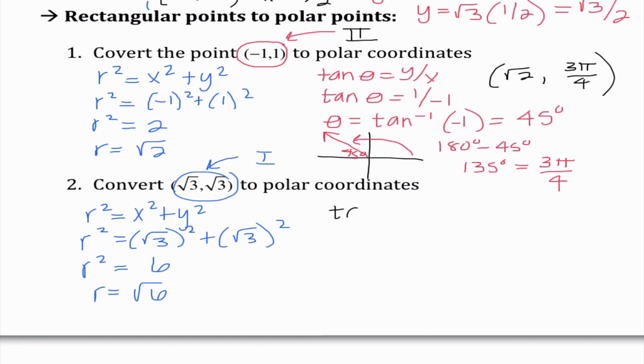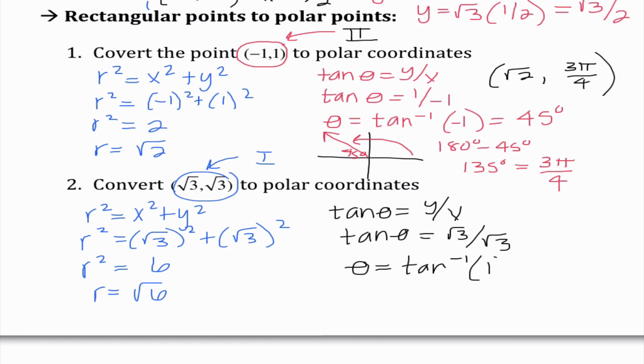This time, when I do tan of theta equals y over x, I have tan of theta equals radical 3 over radical 3. So theta is equal to tan inverse of 1, which we know is 45 degrees.